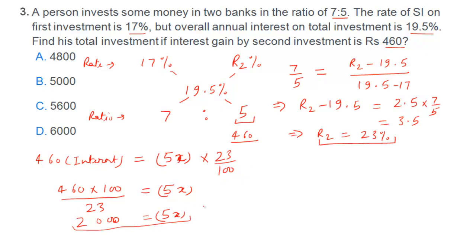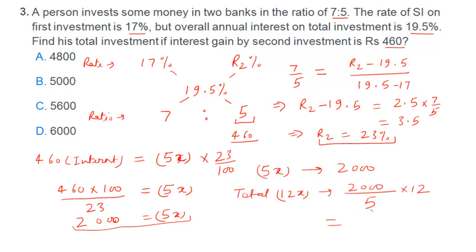So the total investment, which is 12x, is how much? 2000 divided by 5 multiplied by 12. So that will give you 4800. So 4800 is the total investment, and option A is correct.